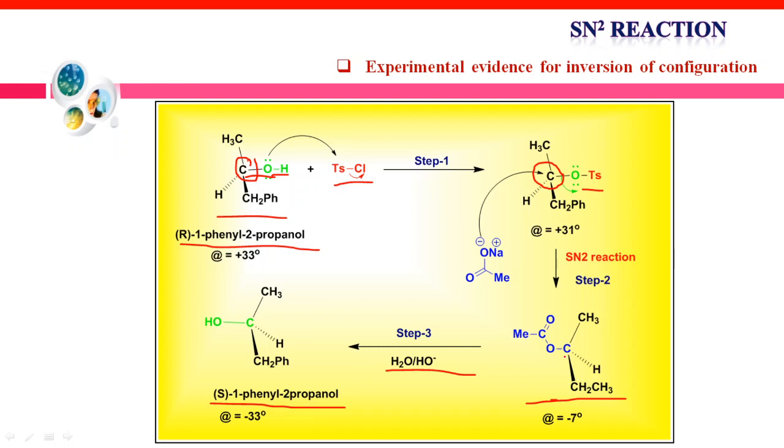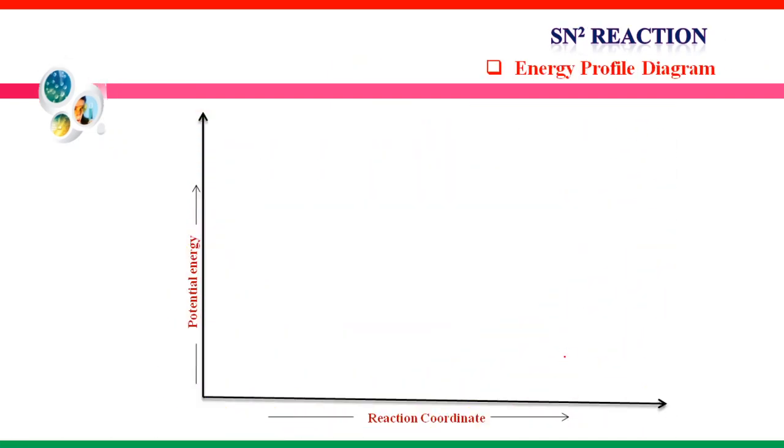On the basis of this experiment, we can prove that in SN2 reaction the backside attack of nucleophile occurs and an optically active substrate undergoes SN2 reaction with complete inversion of configuration.